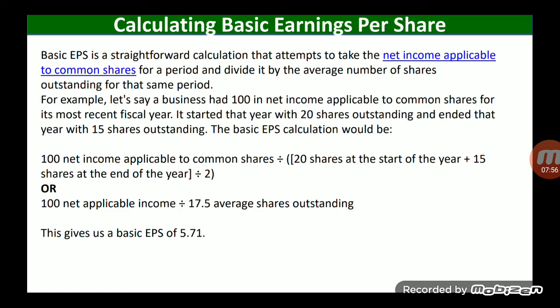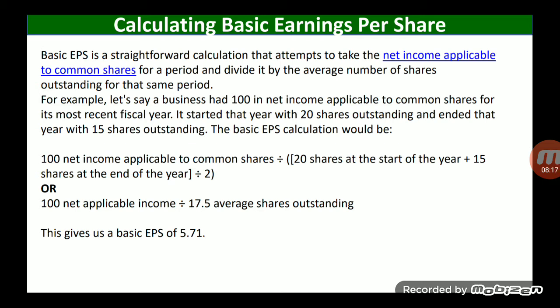For example, let's say a business had 100 net income applicable to common shares for its most recent fiscal year. It started that year with 20 shares outstanding and ended that year with 15 shares outstanding.